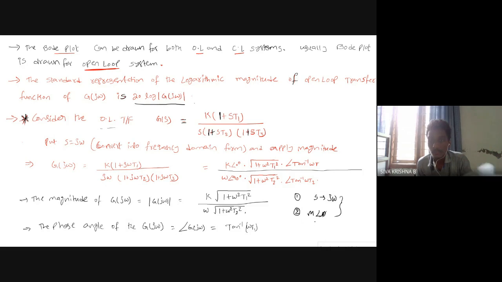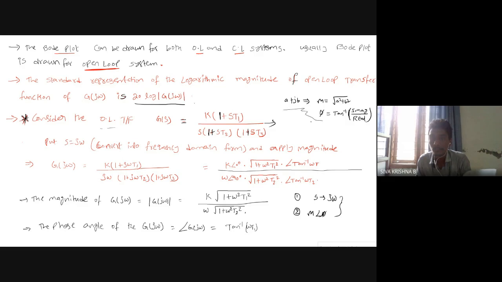So I already said that if you have a function like this, that is a plus j beta, if you apply magnitude for this, magnitude is square root of a square plus b square, and phase angle is tan inverse of imaginary by real. In the same way you have to do it for this equation.